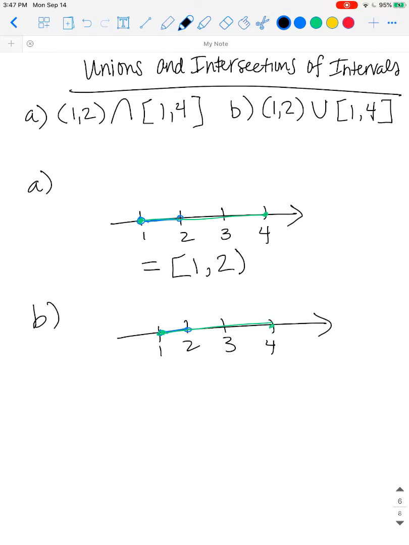So it could be in the first one, 1, 2, or 1, 4, or both. So 1 is in both. Then it goes to 2, but then it's the or, so it's the green also. And then it includes 4. So there we have that.